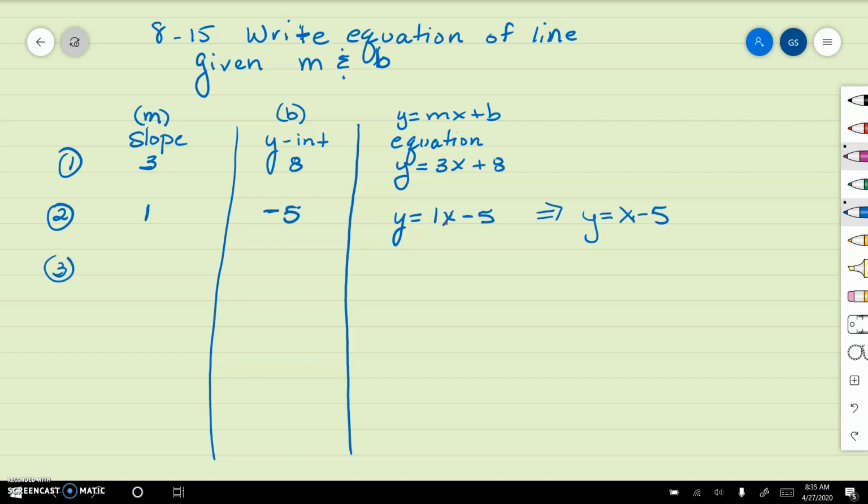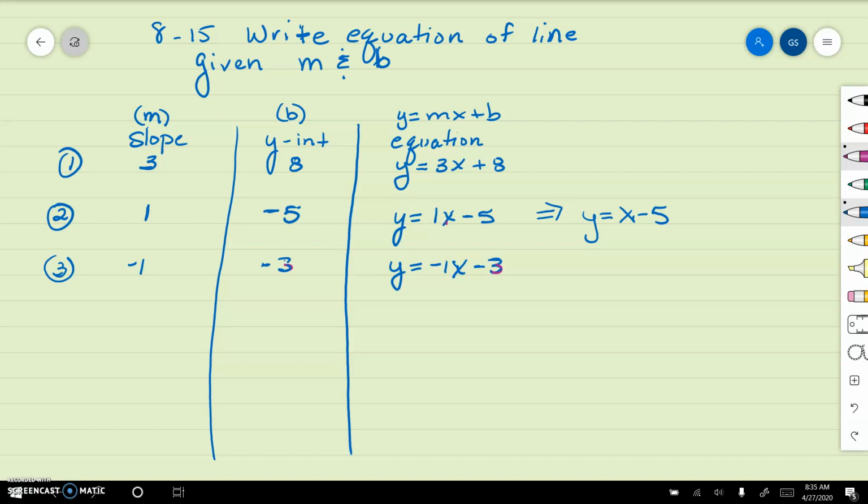3. This is going to be the shortest lesson so far. -1 is your slope. -3 is your y-intercept. So it's y equals the slope, -1, and then an x, and then -3 for the plus b. It's actually a -3 in this case.